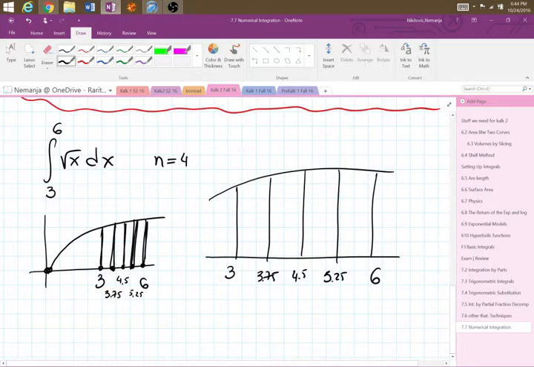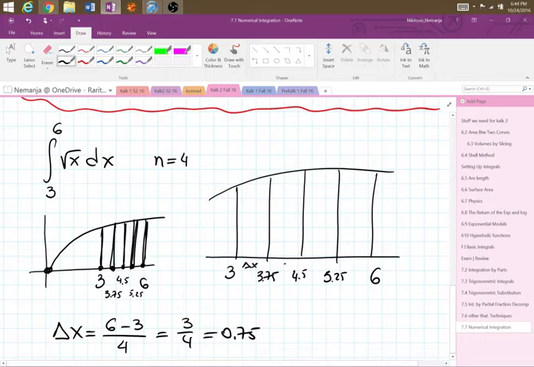Now you can quickly compute delta x, because you will need that, which is 6 minus 3 divided by 4, which is 3/4, also known as 0.75, depending on what you prefer. So each one of these delta x's over here is going to be 3/4.